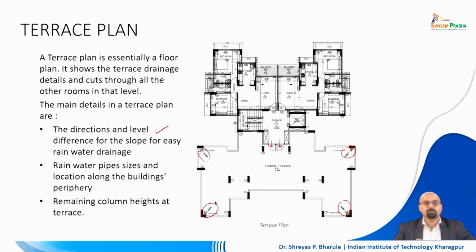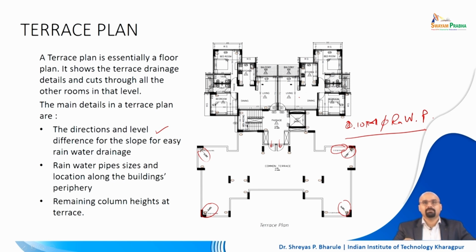So you will have slope lines which will represent also the location of the rainwater pipe, right. Along with the rainwater pipe, you also need to mention, so here in very light words it is mentioned that you have 0.10 meter diameter rainwater pipe, RWP, right.